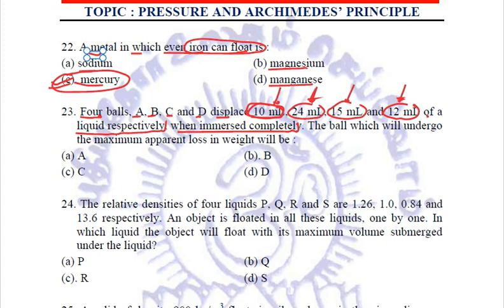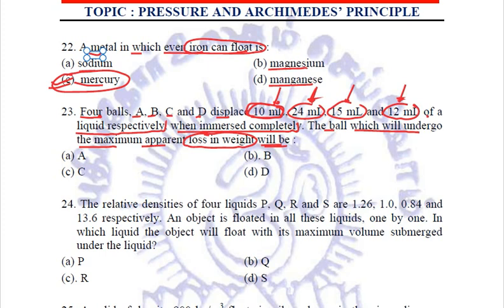Now the question is not about volume, the question is which ball will undergo the maximum apparent loss in weight. Here he is again asking us to apply the Archimedes principle, in which we have related that the loss in weight is equal to the amount of liquid displaced by the object.